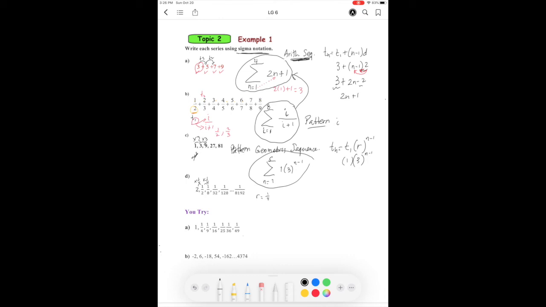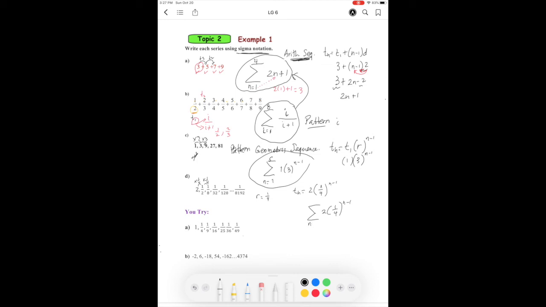So I know I have a ratio of 1/4, so therefore I know that I'm using this formula again. All right, so the first term is 2, bracket, the ratio is 1/4, n minus 1. So I have the sigma part of it, or the equation part of this, pardon me.